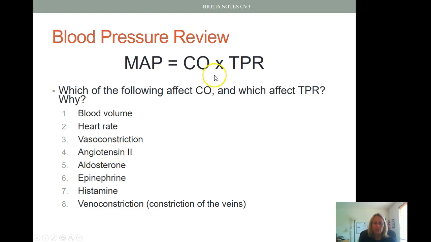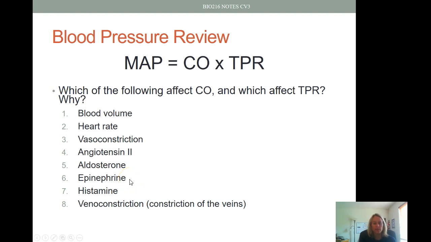Directly, angiotensin II causes vasoconstriction, and that would increase total peripheral resistance. But angiotensin II also causes the release of aldosterone, and aldosterone is going to cause sodium retention, and water is going to follow sodium, so that would lead to an increase in stroke volume and cardiac output.